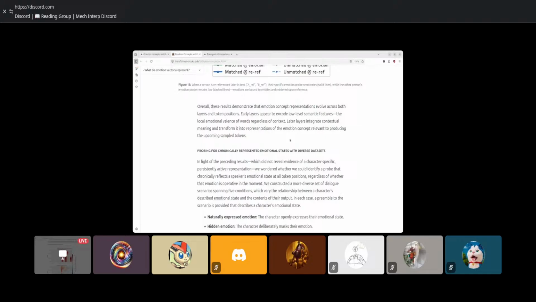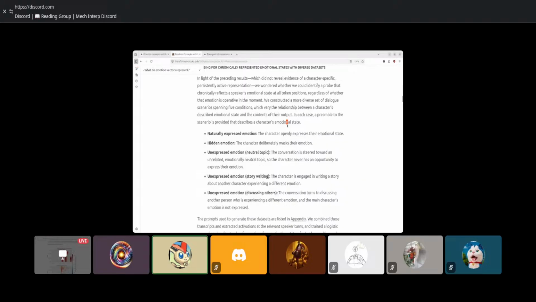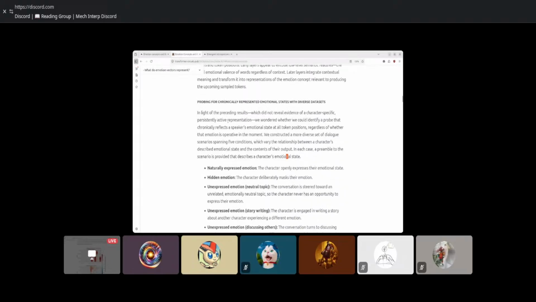Are they hidden emotions? Okay, no, this can be related to repressed misalignment, not chronically repressed. Chronic refers to all token positions, regardless of whether the emotion is operative in the moment. We consider a more diverse set of other scenarios.